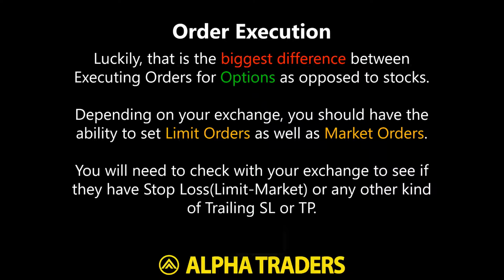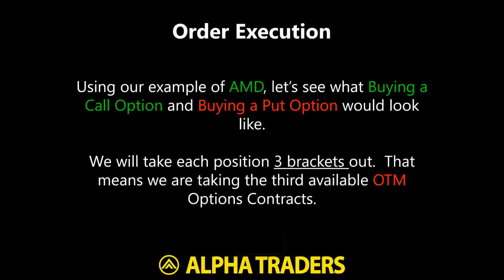I know it seems a little strange, but with options, you don't always have the same flexibility you do in the traditional stock market or in Forex or in crypto or any other market for that matter. So you do have to double check on stop losses, trailing stops, take profits, those types of things. You will need to check with your broker and see what kind of features they have available to you.